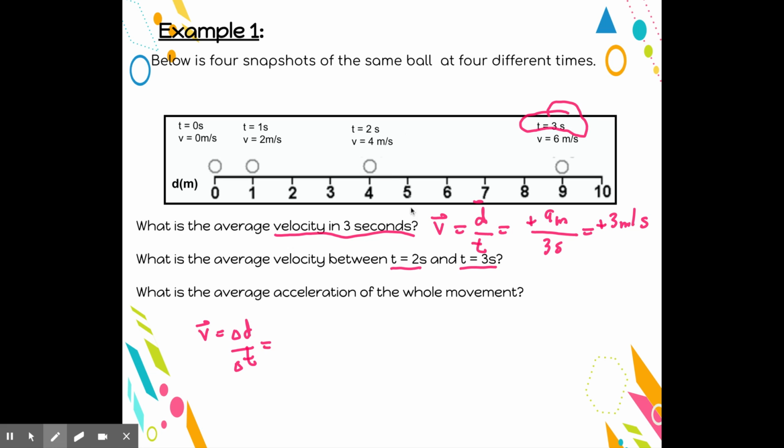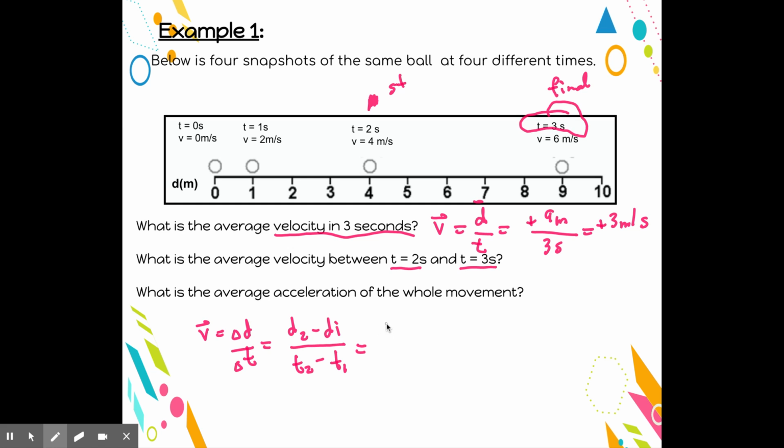So if I'm going from 2 seconds to 3 seconds, this is my starting point and this is my final point. In physics, we often use d1 or d2, our second point versus our first point, so I'm going to go d2 minus d1, and then take the time of my second point and the time of my first point.